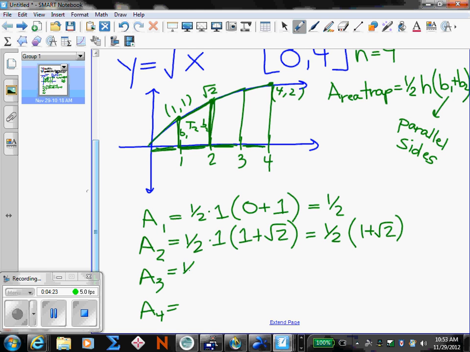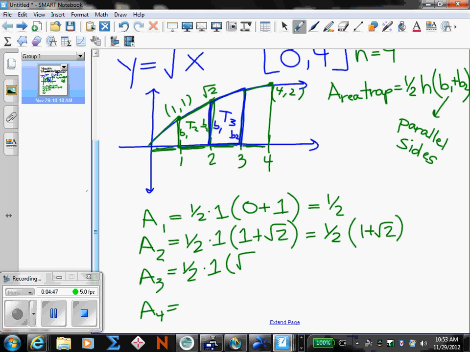The third one, 1/2 the height. Now if I look at trapezoid 3, I'll do this one in blue. This side on the left is base 1, the side on the right is base 2. So base 2 of trapezoid 2 is the same as base 1 of trapezoid 3.